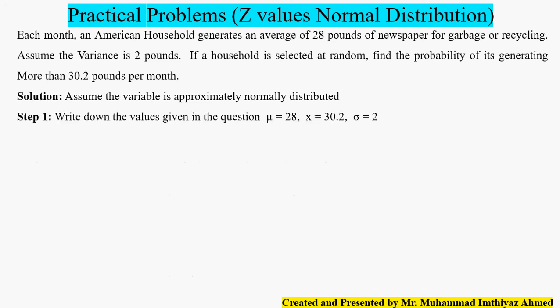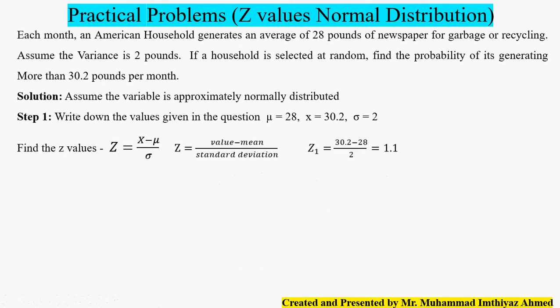Step 1, we need to write down the values given in the question. First, our population mean is 28 pounds as I move the pointer, and our x is 30.2 pounds given in the problem, and our variance is 2 pounds. This is also given in the problem. So first, let us find the z value.